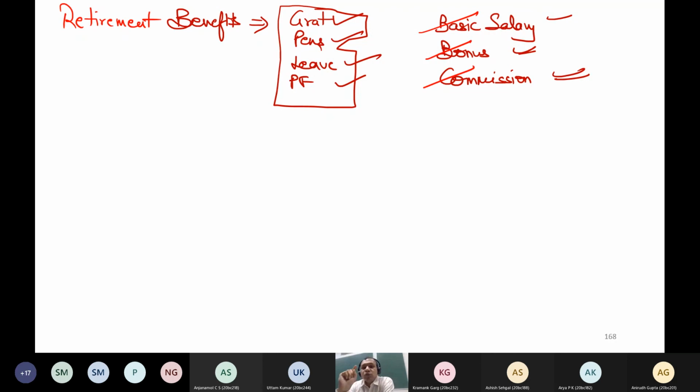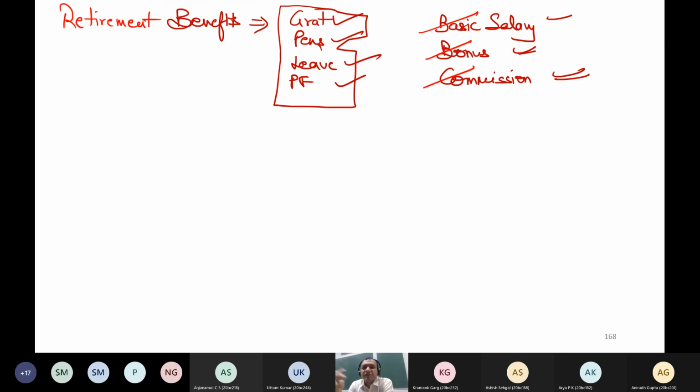So I will discuss only and only those items which are received by the employee from the employer and in which there is some exemption. Other things, you must make sure that you tax fully. Any item which you receive, simply tax the full amount until and unless some exemption is available.